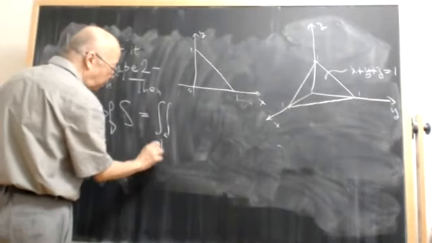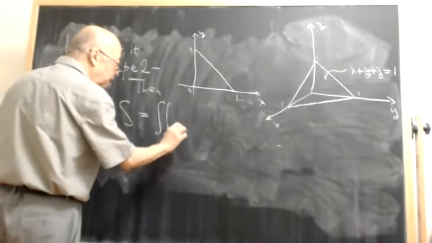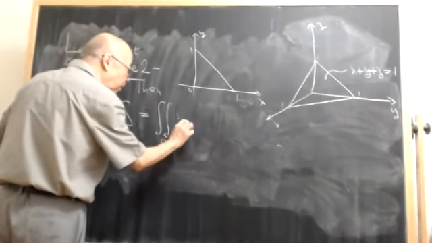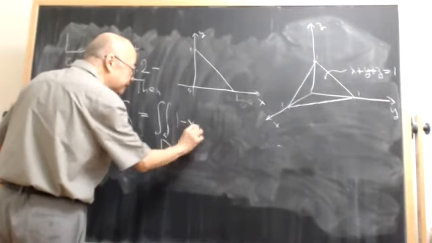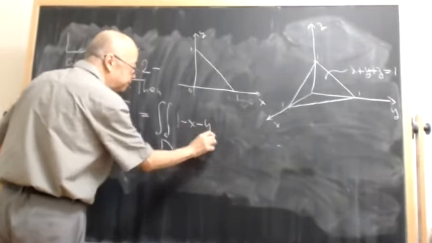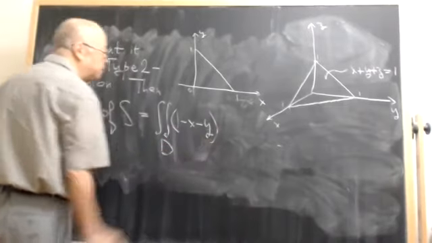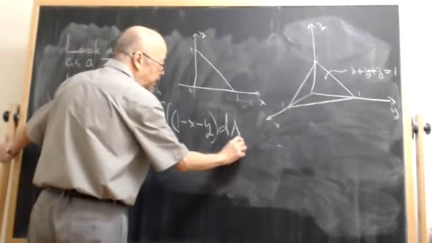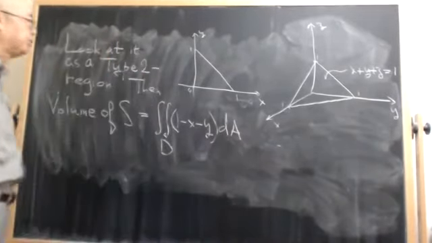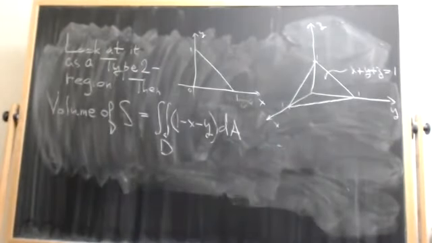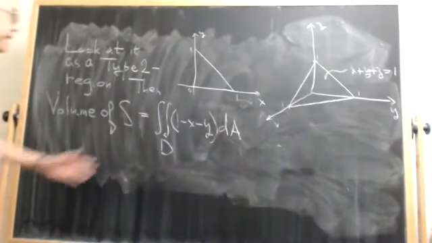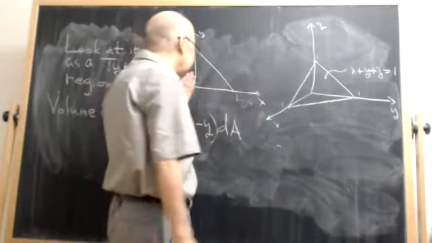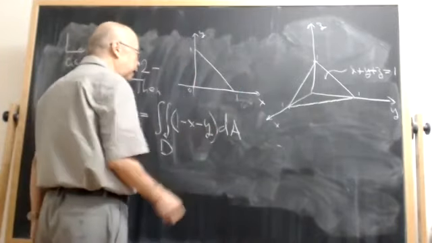It is the double integral of f at xy, which is 1 minus x minus y, with respect to area. So we need to compute this by looking at this region as a type 2 region.